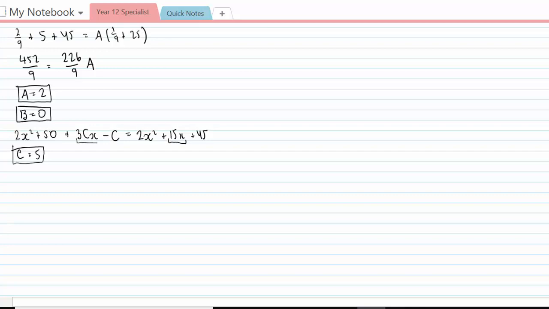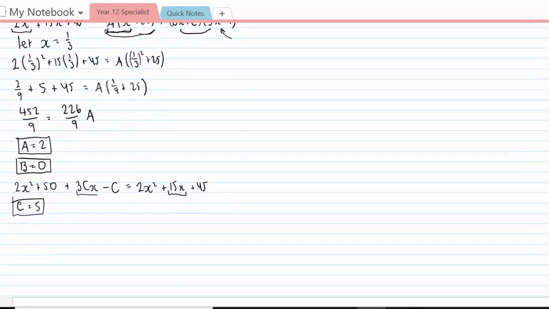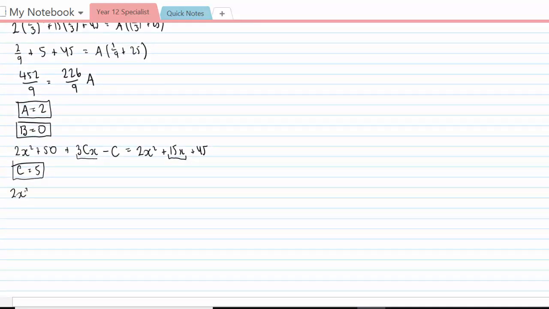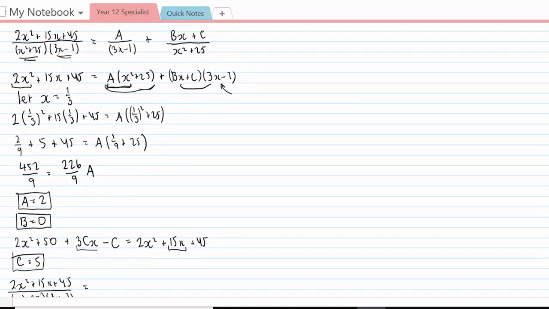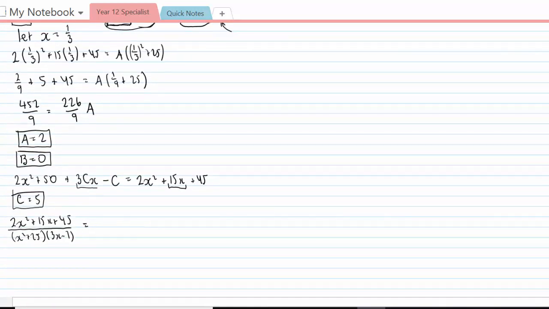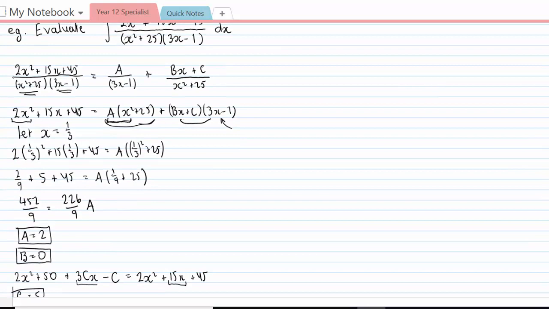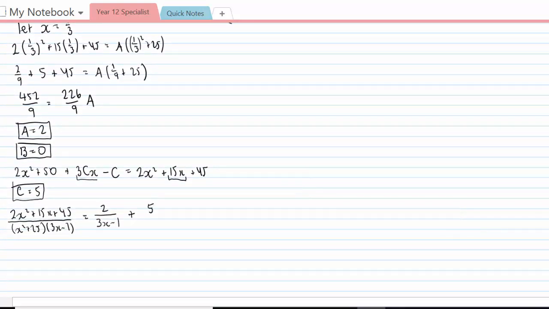So now I've got my partial fractions. And I can say that (2x squared plus 15x plus 45) all over (x squared plus 25)(3x minus 1) is equal to a over 3x minus 1, so that's 2 over 3x minus 1, plus bx plus c over x squared plus 25; well, b is nothing and c is 5, so it's going to be 5 over x squared plus 25.